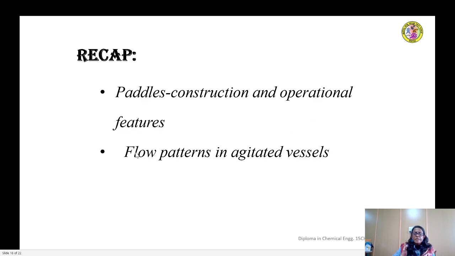So that's all for today. In today's class we understood the construction of paddles, how they are operated, and in which cases the paddle agitators are desirable. We also discussed in detail the different kinds of flow patterns that can be created in agitated vessels.